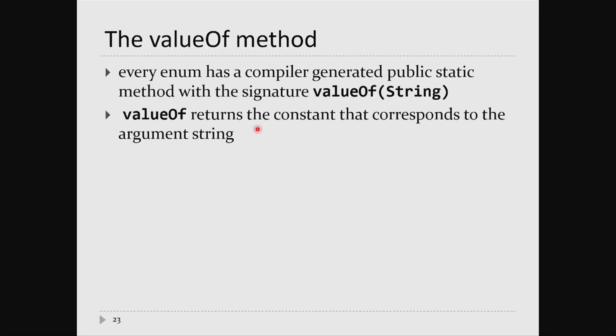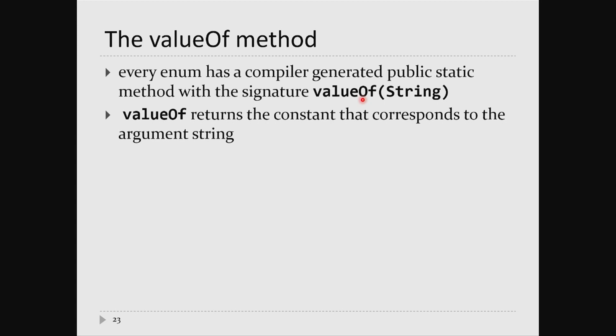Okay, now the other thing that's often useful to do with an enumeration is that you have a string, and you want to convert that string to the enumerated type. So for example, if I had the string all caps JANUARY, it would be nice to be able to get the enumeration Month.JANUARY. And you can do that too, because your enumeration has a method called valueOf. Again, you get this for free.